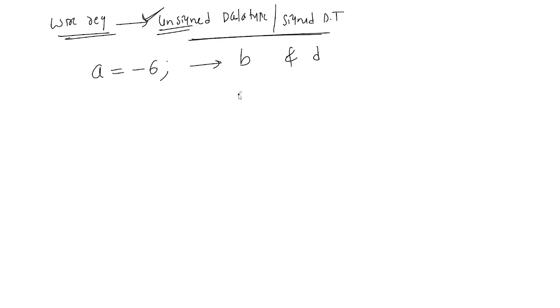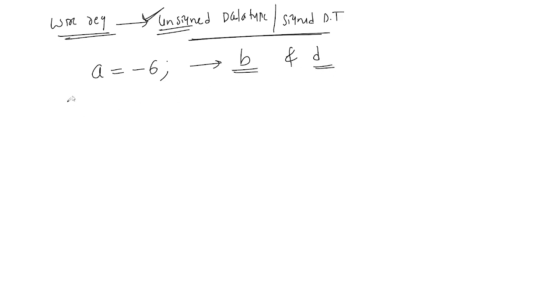Any idea? It is unsigned and this -6 value, I want to store in the compiler.